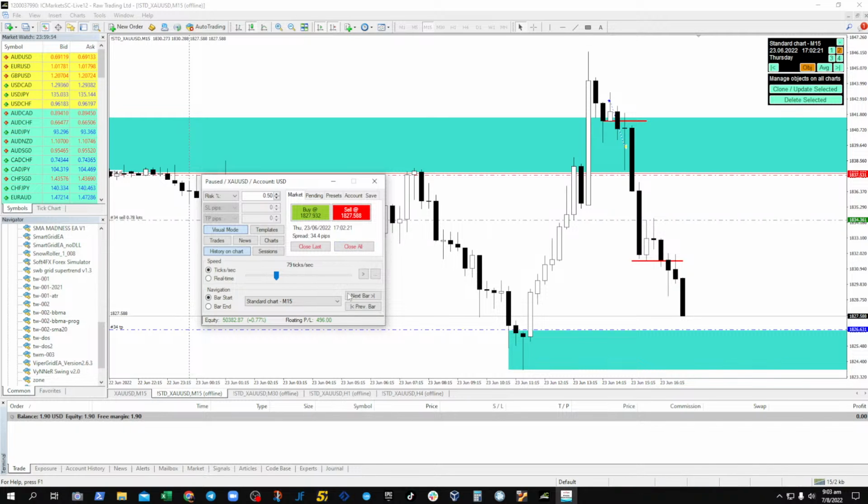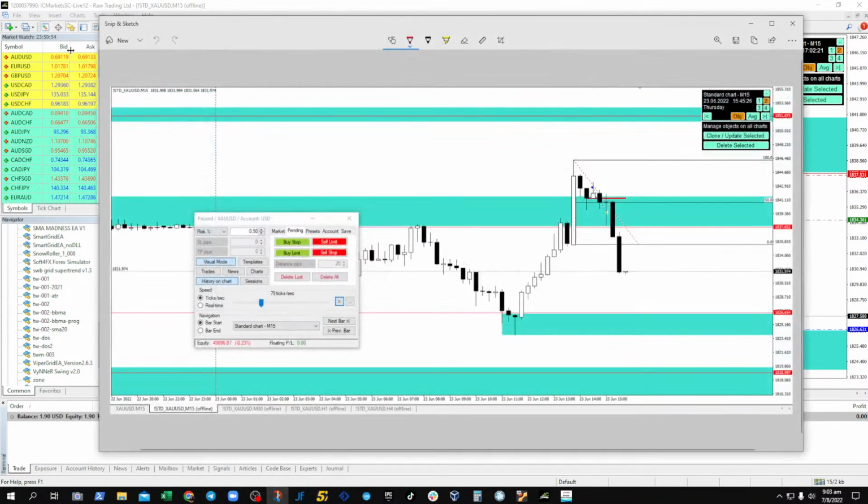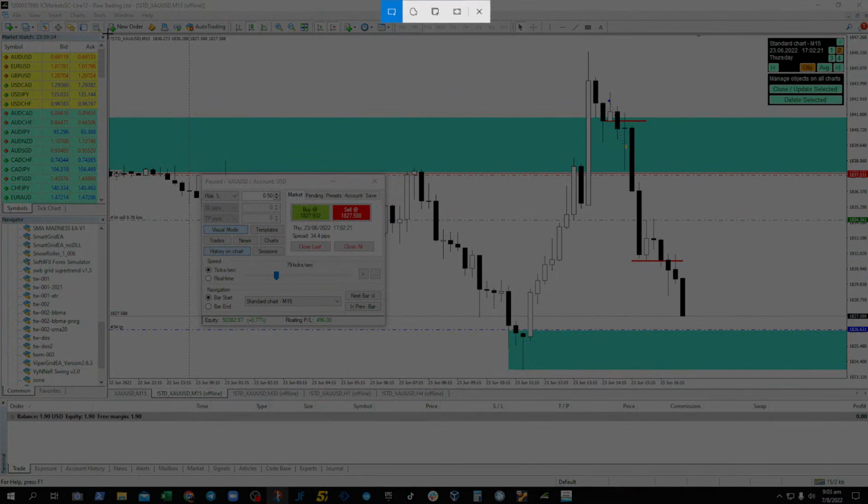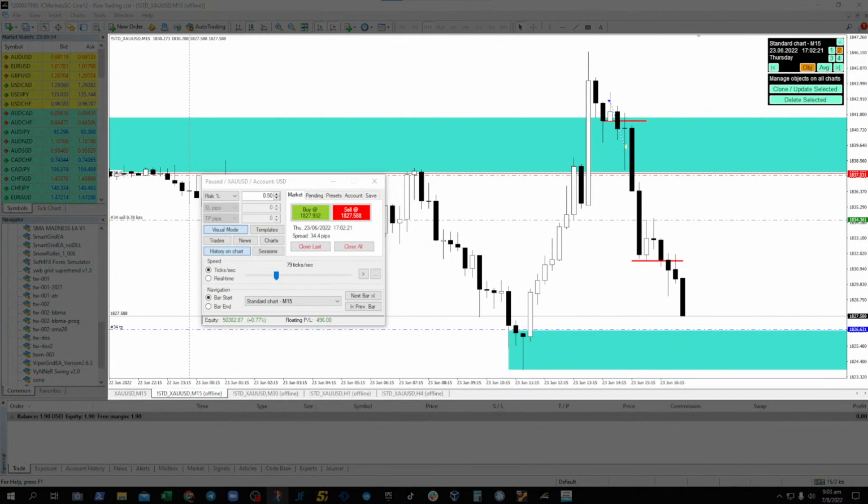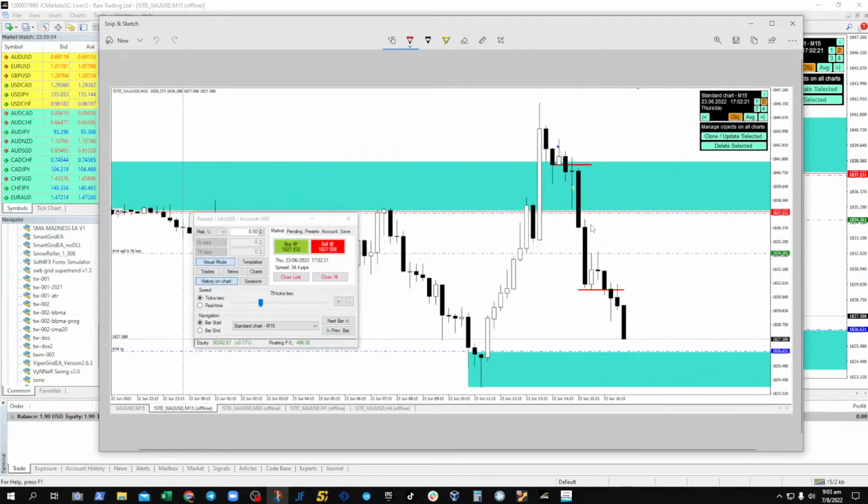First, we have a break of structure here. BOS. This entry is at 50% of the BOS candle.